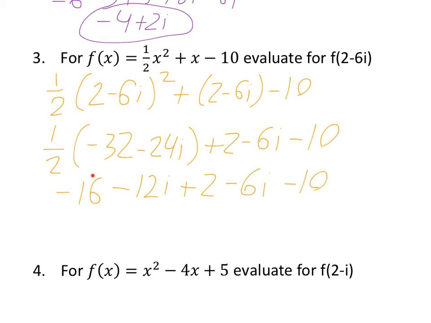Real numbers, we have minus 16 plus 2, so that's minus 14, minus 10 gives us minus 24. We have minus 12i minus 6i gives us minus 18i as our final answer.